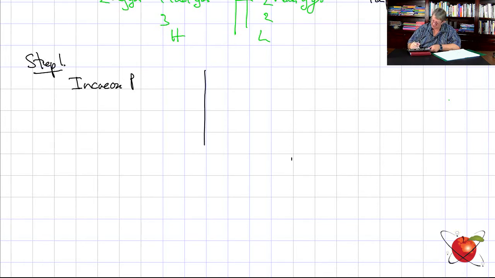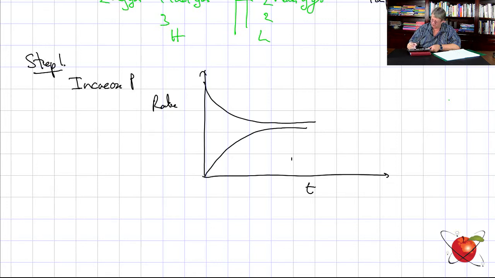Here's my reaction rate graph. This is the rate, this is the time. Let's say at this one we have a situation like this. Now I've got forward and reverse.